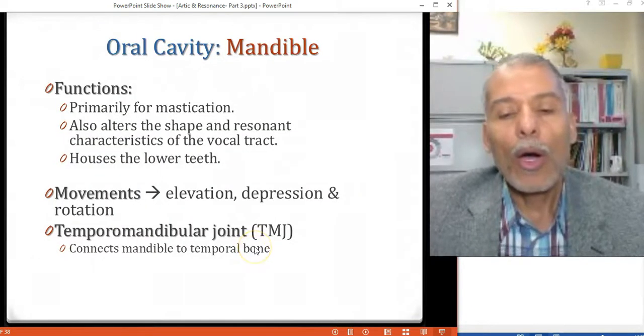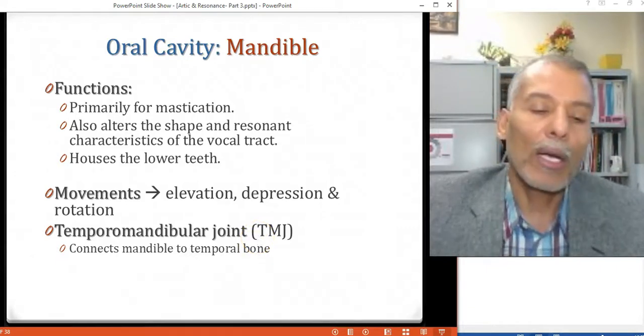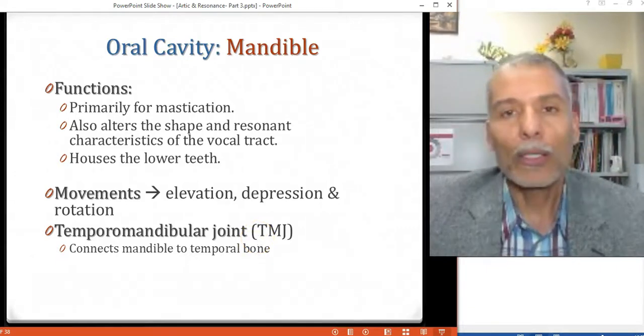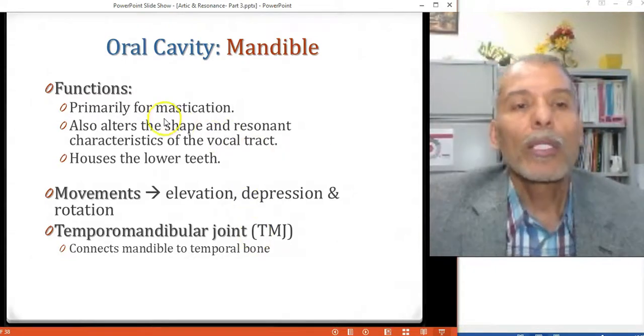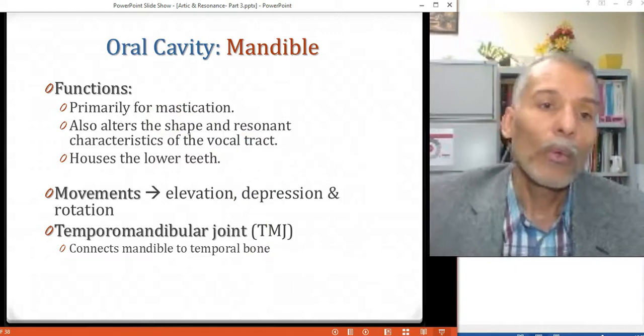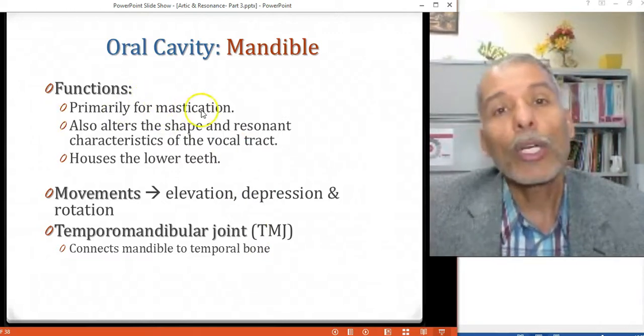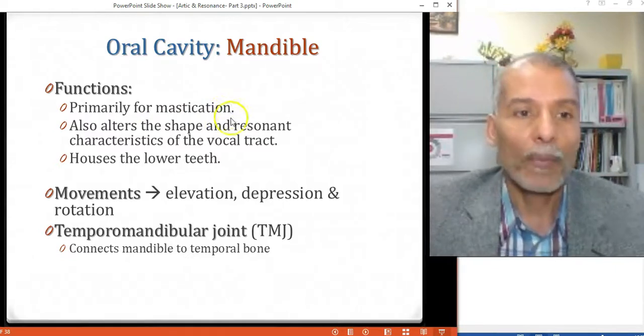So how does the mandible contribute to functions like feeding, swallowing, speech? The primary function, of course, is a biological survival function, which has to do with chewing food and preparing food for swallowing, which is mastication.